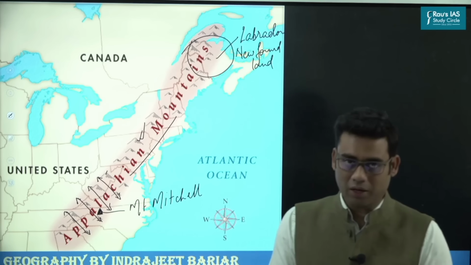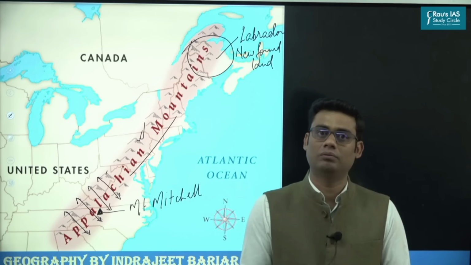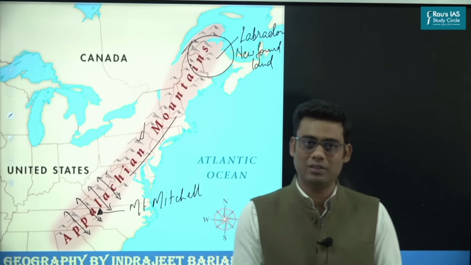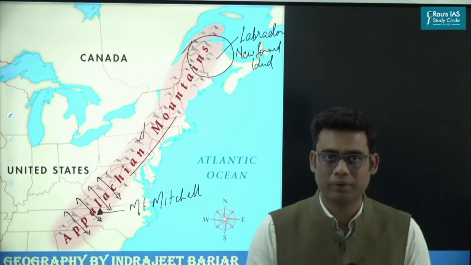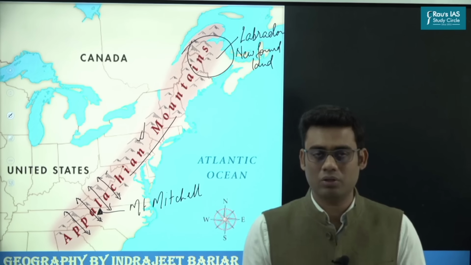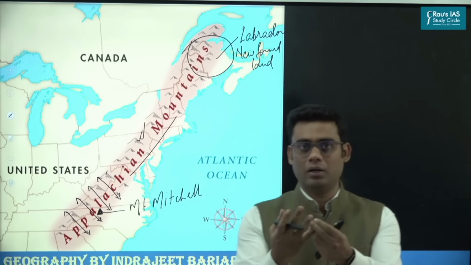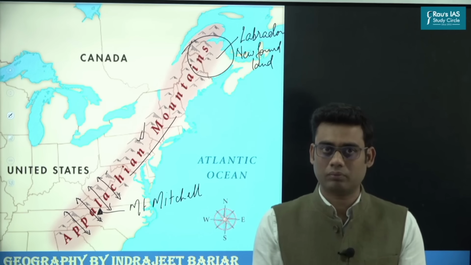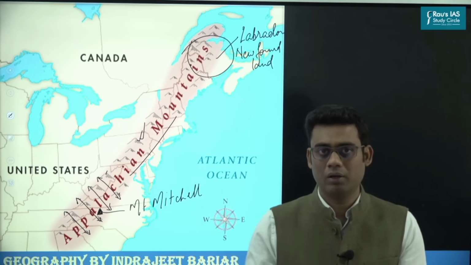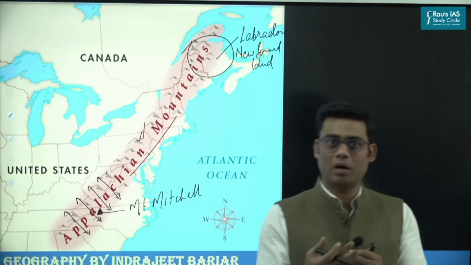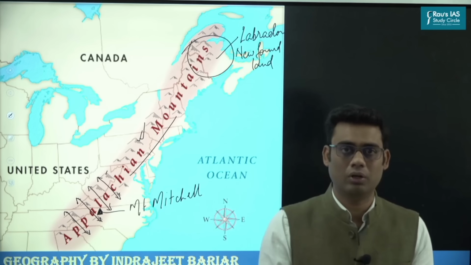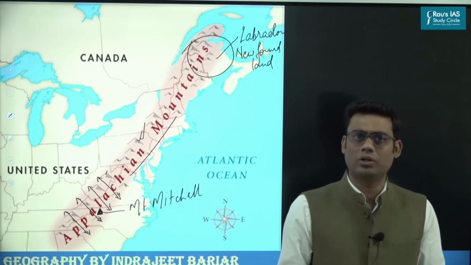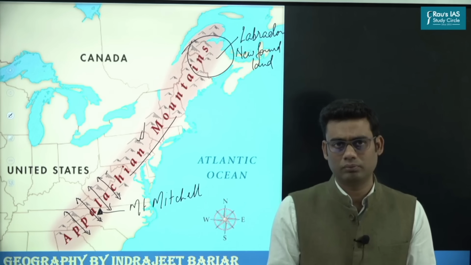Now the Appalachians are a very important physiographic division of North America in the sense that they are an extremely resource-rich region. The Appalachians are rich in coal reserves. In fact, more than half of the world's anthracite coal comes from the Appalachians only. In addition to that, it has good reserves of bituminous coal also.